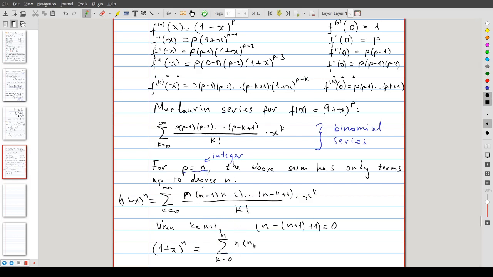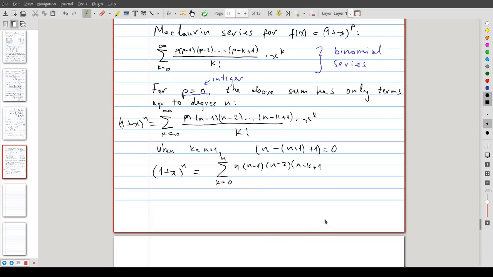And the product we have here has the following form, divided by k factorial times x to the k. So this is the binomial formula.